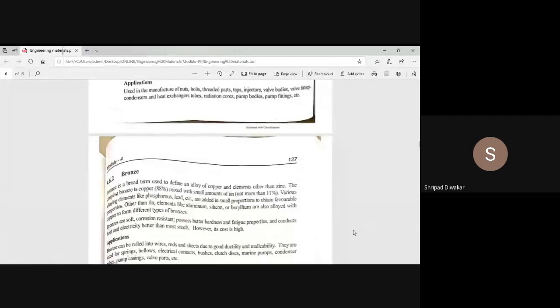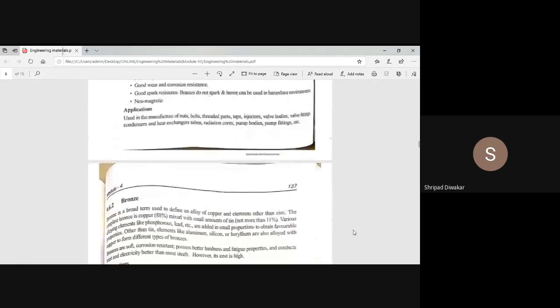Then what is the composition of bronze? Brass is an alloy of zinc and copper, whereas bronze is an alloy of copper and elements other than zinc. 88% is copper, and it is mixed with some elements like phosphorus, lead, etc., added in small proportion to improve the hardness properties.